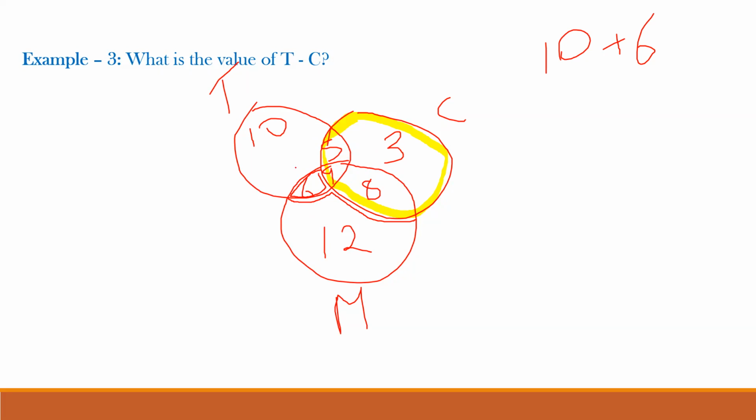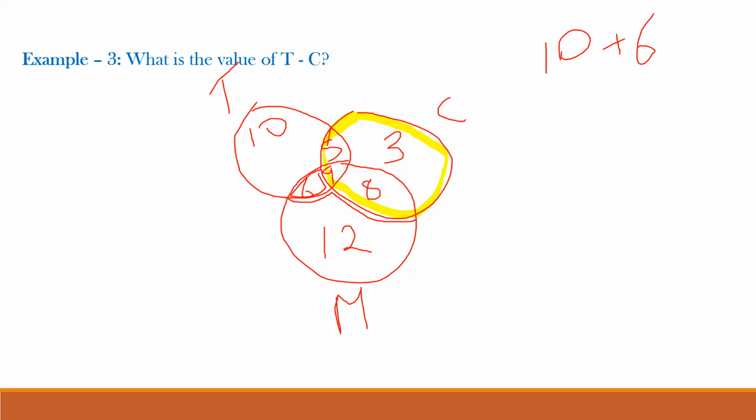But this 6 is still a part of tea. Agreed, it's a part of milk as well, but it's also a part of tea. So you can't ignore it when no condition for that intersection is given. Hope everybody is clear. No doubts, no confusions.